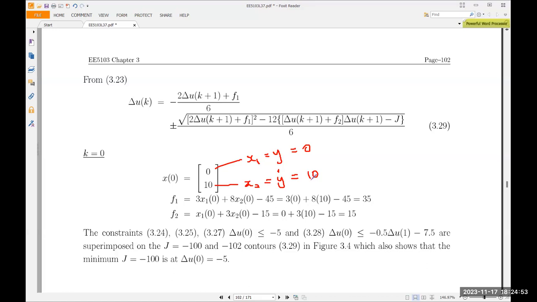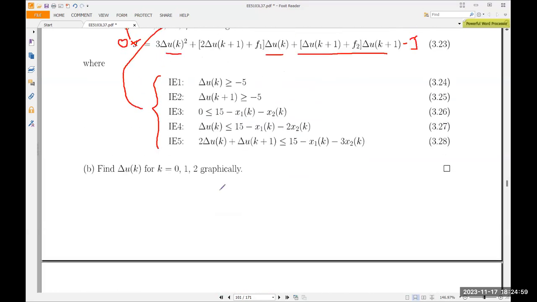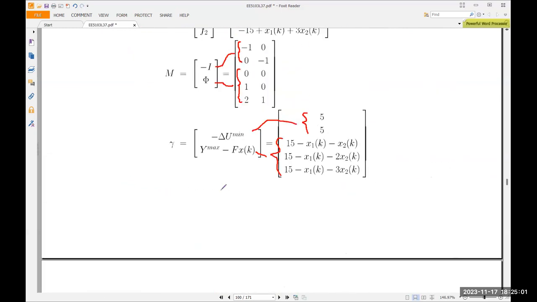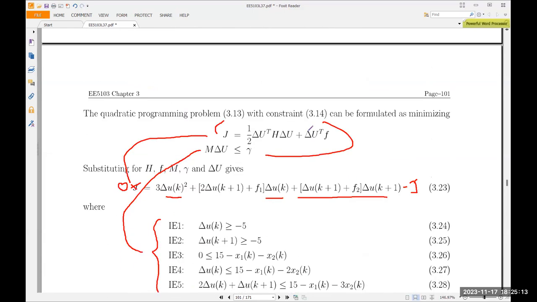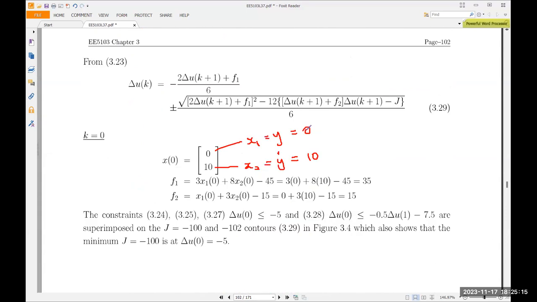Okay, then your F1, F2 is actually here. All right. So now this is 0, 0, 0. So it's k equal to 0. So you have to compute what is your F1, F2. So you go and stick in all these numbers inside here.